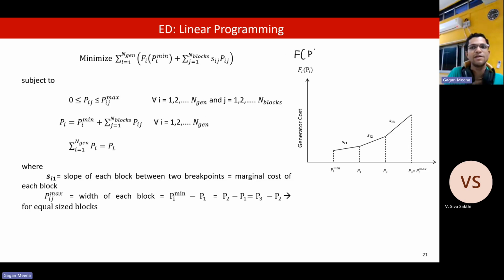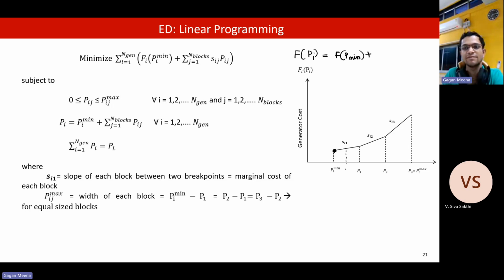Now the cost curve will become like this. So this is the minimum cost, and the point is P minimum plus whatever is added here.